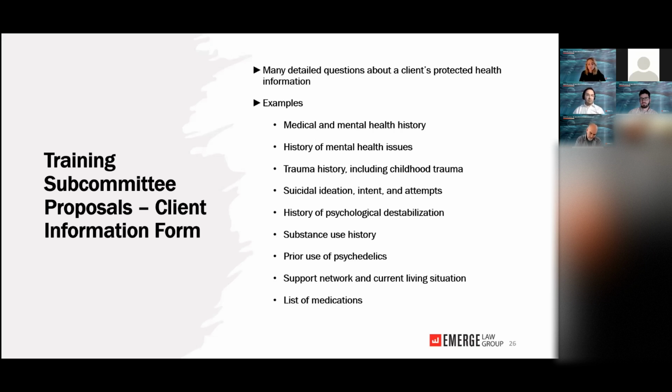But I was a little concerned that the form adopted by the training subcommittee went really, really deep into what one could say was many medical issues. There were a lot of questions, and I think during the subcommittee meeting, other people started just throwing on other things to ask about. But a client's, now again, this is going to take place at a preparation session or perhaps in advance of a preparation session.